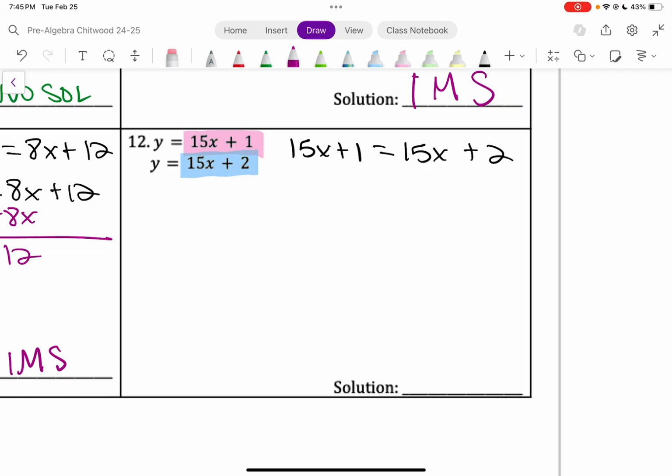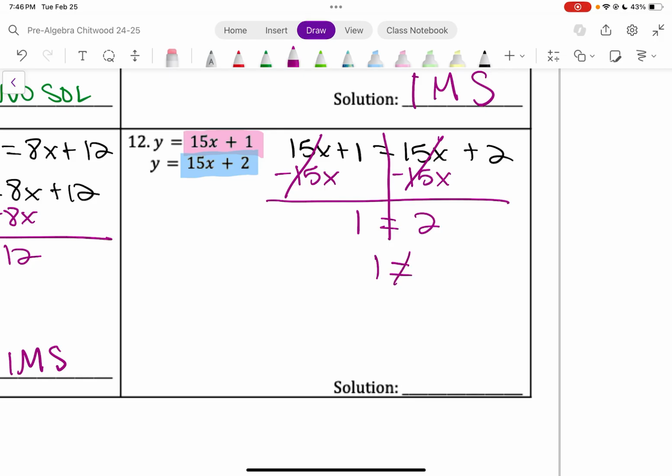Okay, let's try solving for x. I'm going to start by subtracting 15x from both sides. That cancels out, and I get 1 equals 2. 1 does not equal 2. That is a false statement, so that means no solution.